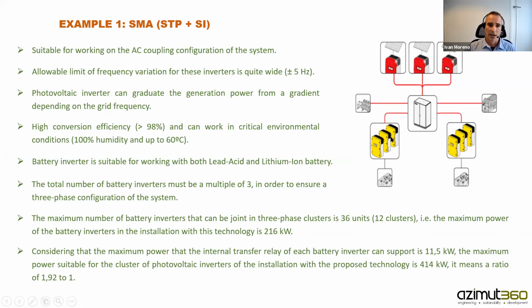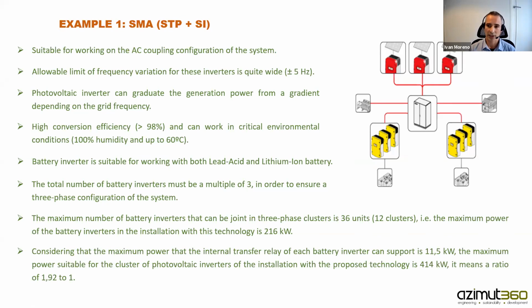We have a high conversion efficiency, bigger than 98%, and can work in critical environment conditions, 100% of humidity and up to 60 degrees Celsius. Also, the battery inverter is suitable for working with both lead acid and lithium-ion batteries.